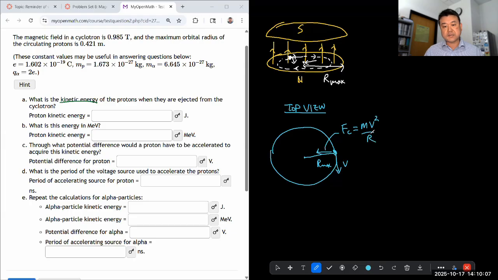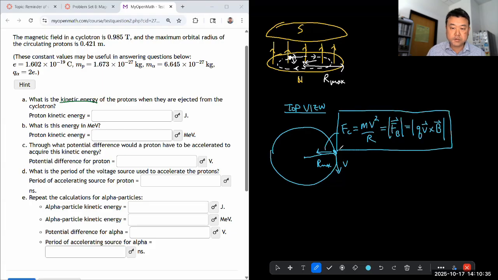In analyzing this setup, you come to the conclusion, or know somehow, that the only force providing this centripetal force is the magnetic force, and the magnitude of the magnetic force is given by Q V cross B. So this is the piece of physics you have to know in order to answer the question, the kinetic energy, which will be related to v squared.